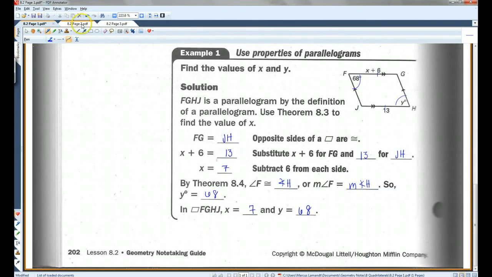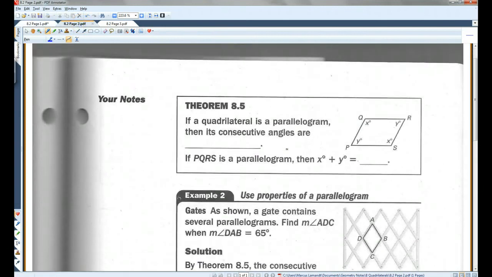Alright, let's go on to page 2. If a quadrilateral is a parallelogram, then its consecutive angles are supplementary. Now remember, supplementary means they add up to 180, and consecutive means the angles are right next to each other.